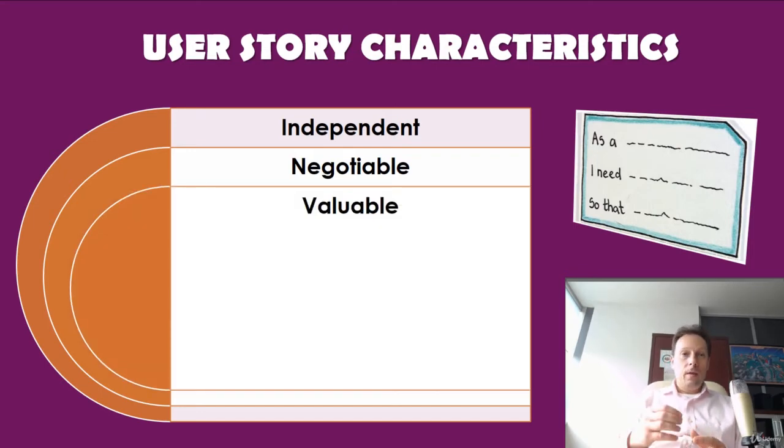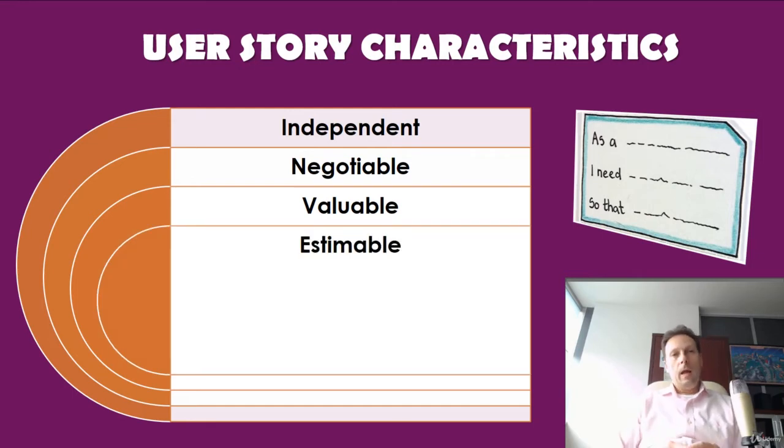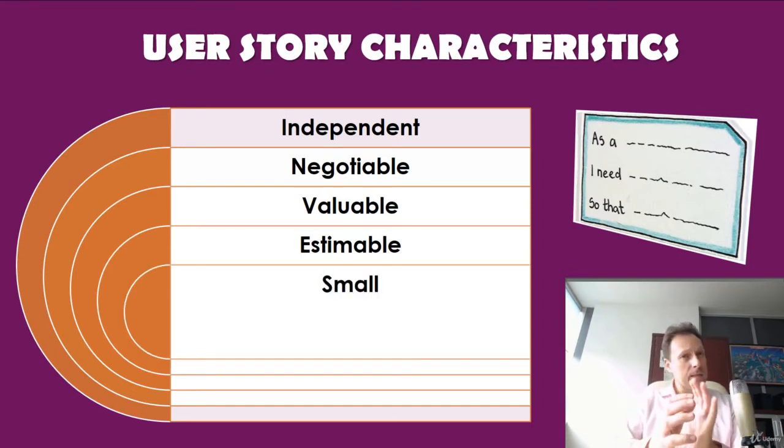Valuable. This probably goes without saying, but each user story should deliver some value to the end user. Estimable. Teams should be able to estimate the user story. If they cannot, the user story is either unclear or too large. Small, or sized appropriately.